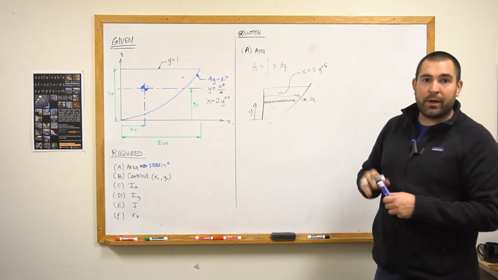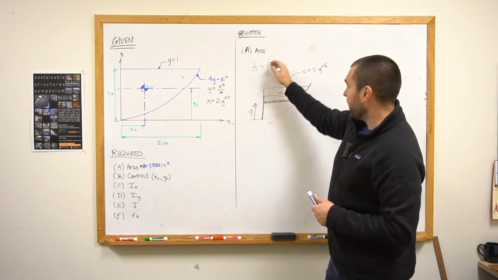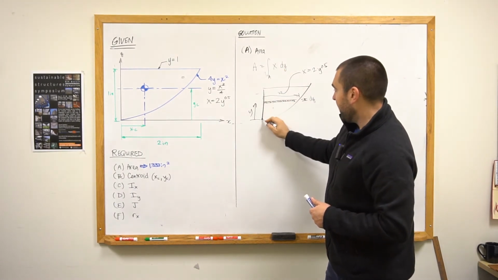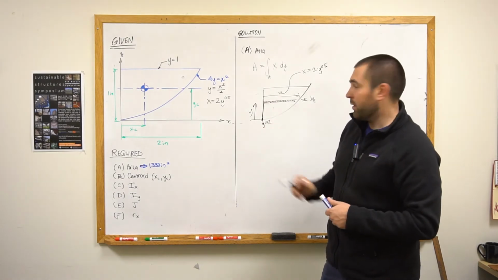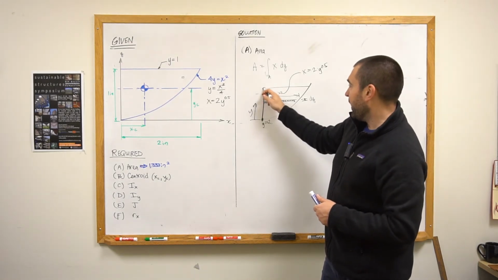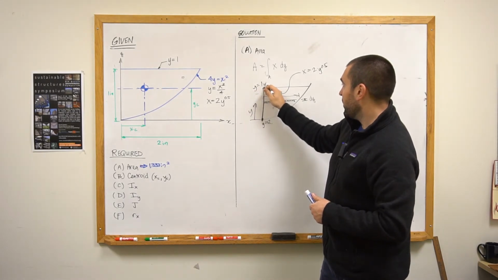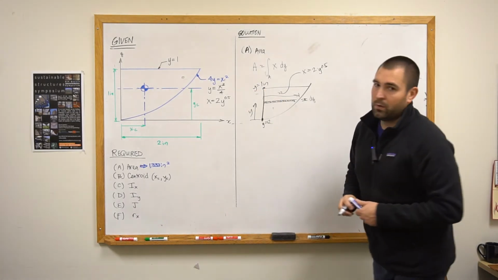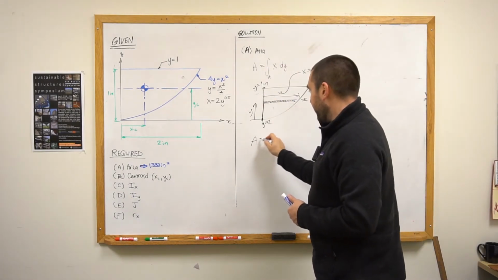And now I want to look at my upper and lower limits for my integration. I'm integrating over the entire area, and that means I need to start right here at y is equal to 0. And then as I go up, I will end right here where y is equal to 1 inch. So with that in mind, I just need to plug my values into my function for area now.